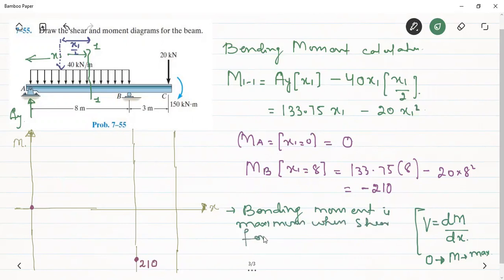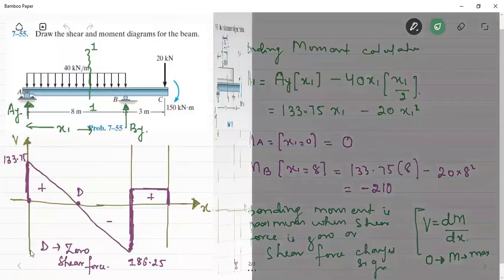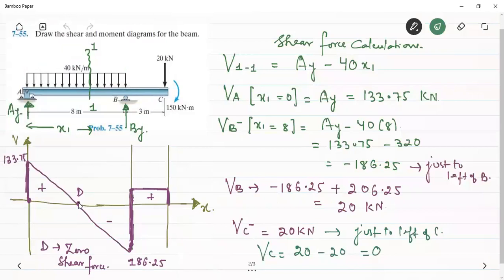the shear force is zero, or the shear force changes sign. We can see that at this point the shear force is zero, and therefore this point will be the point at which the bending moment is maximum.